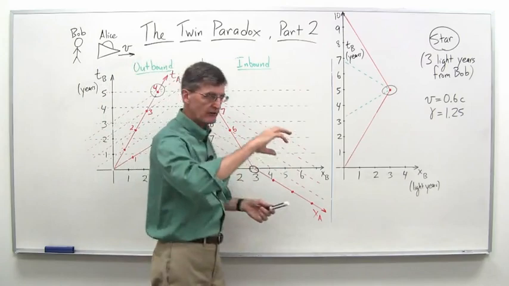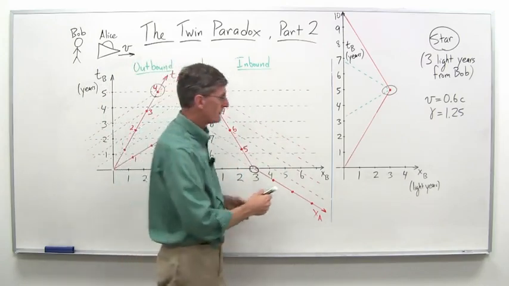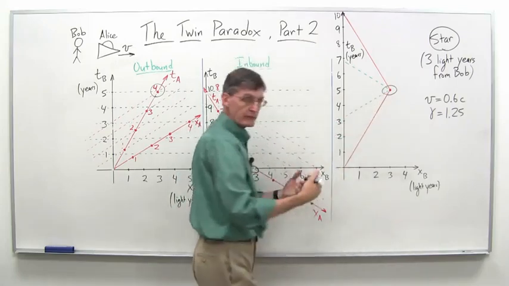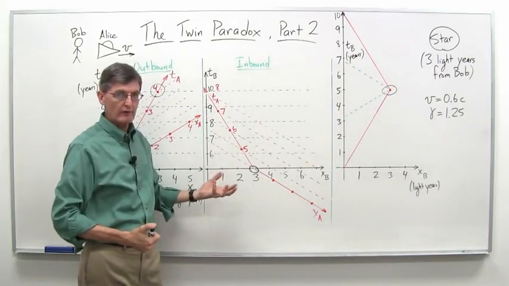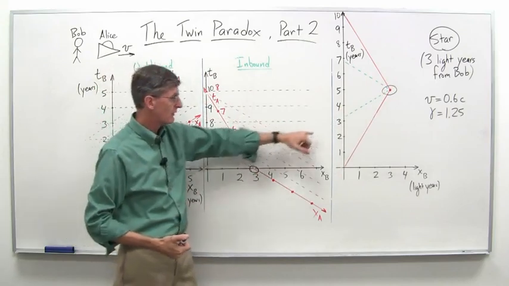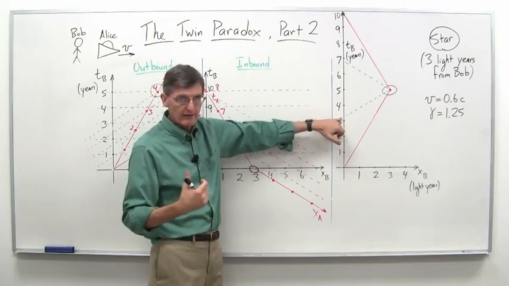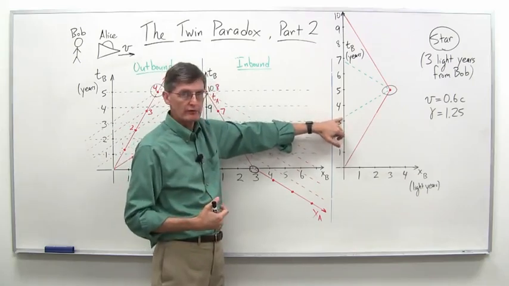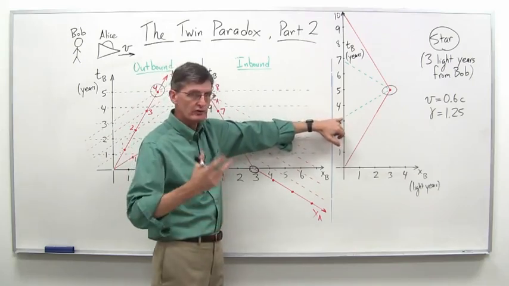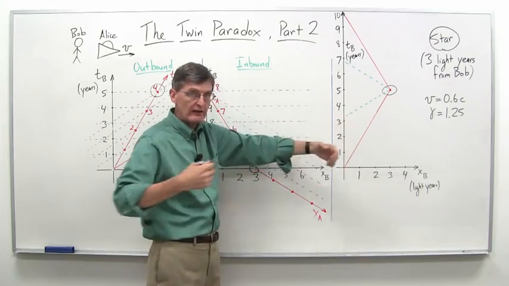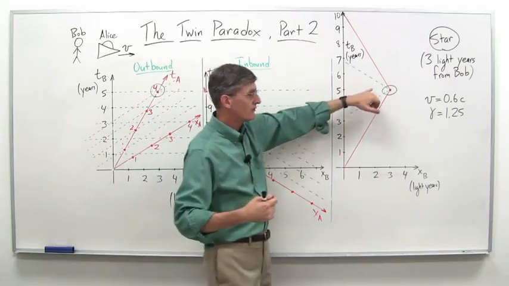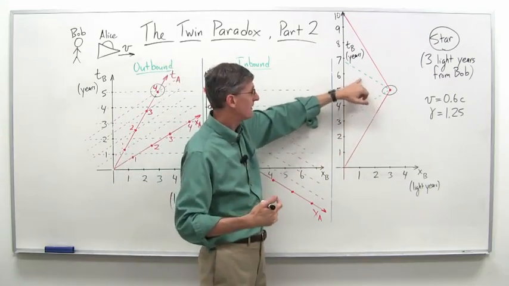So look what happens in those few instants of turning around. Right before she turns around, if she took photographs of all her clocks and Bob's clock back at the home planet, his clock would read 3.2. As soon as she goes through the process of turning around and then looks at her lattice of clocks and sees where Bob's clocks are back at the home planet, look where it is.